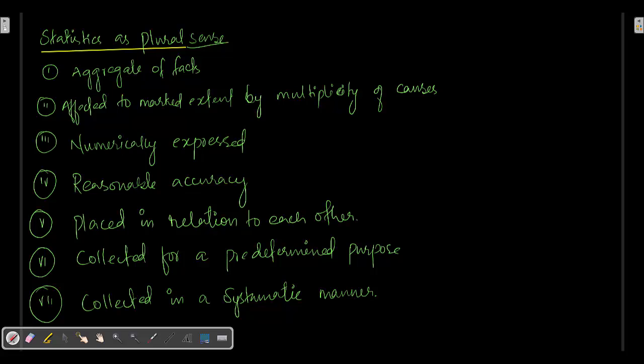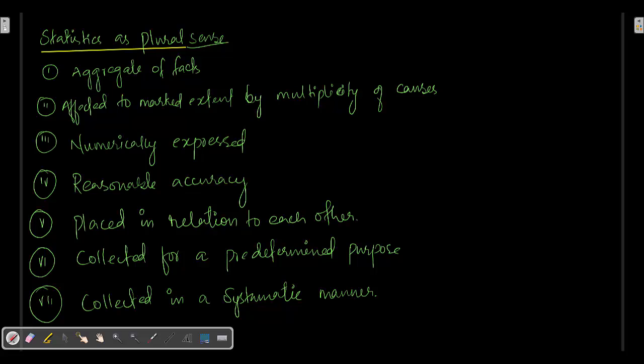Professor Horace Secrist defines statistics as, by statistics we mean aggregate of facts affected to a marked extent by multiplicity of causes, numerically expressed, enumerated or estimated according to reasonable standards of accuracy, collected in a systematic manner for a predetermined purpose and placed in relation to each other. So Professor Horace Secrist defines statistics in all these terms.